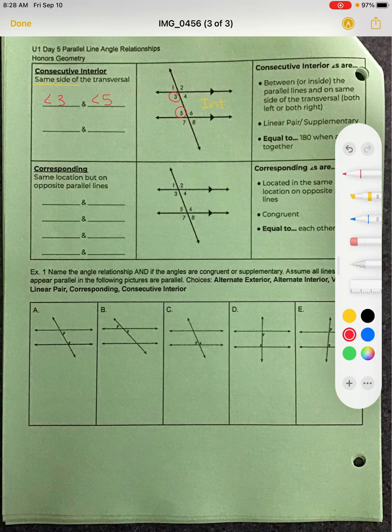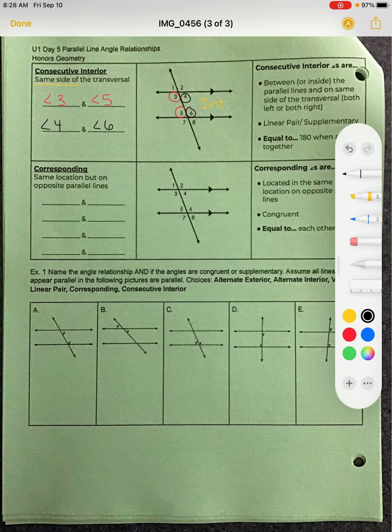They're on the same side of the line and interior. Another set could be 4 and 6. They have to be on the same side of that transversal. These are consecutive interior.